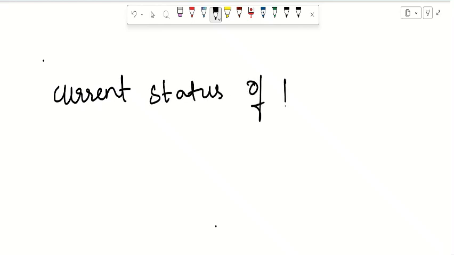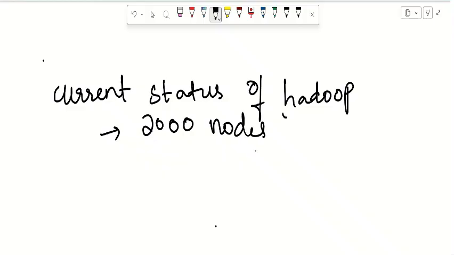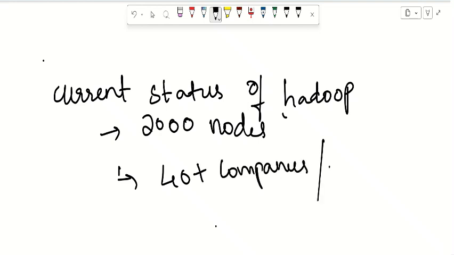Next, the current status of Hadoop. Larger clusters of 2000 nodes. 40 plus companies and universities around the world are using Hadoop.